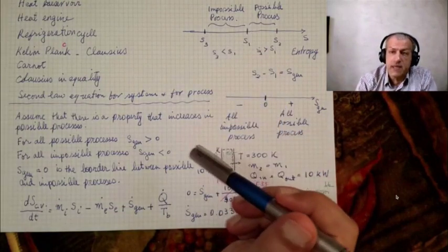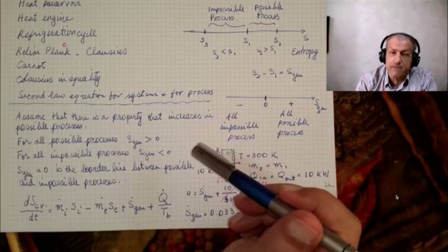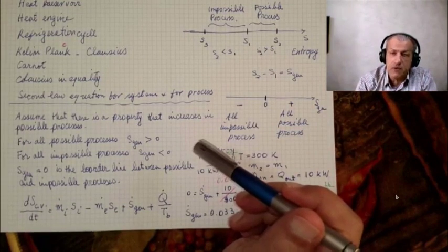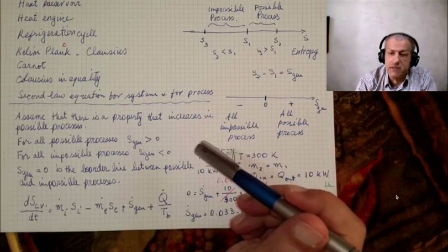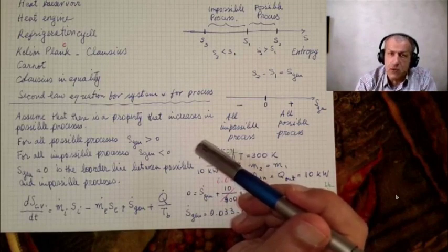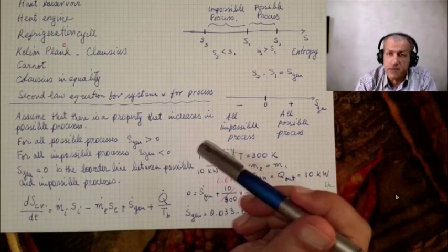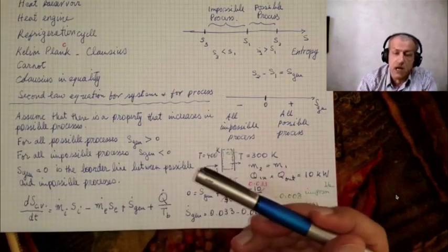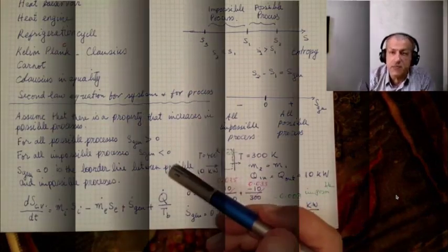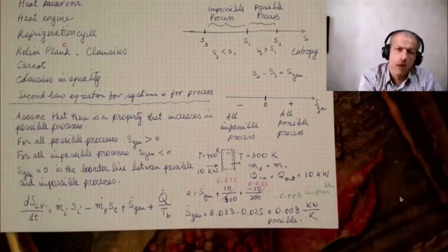That process is, in fact, the borderline between possible and impossible, and tells you what makes a process possible. We have to discuss what makes a process possible, and I shall continue with that subject in the next video.